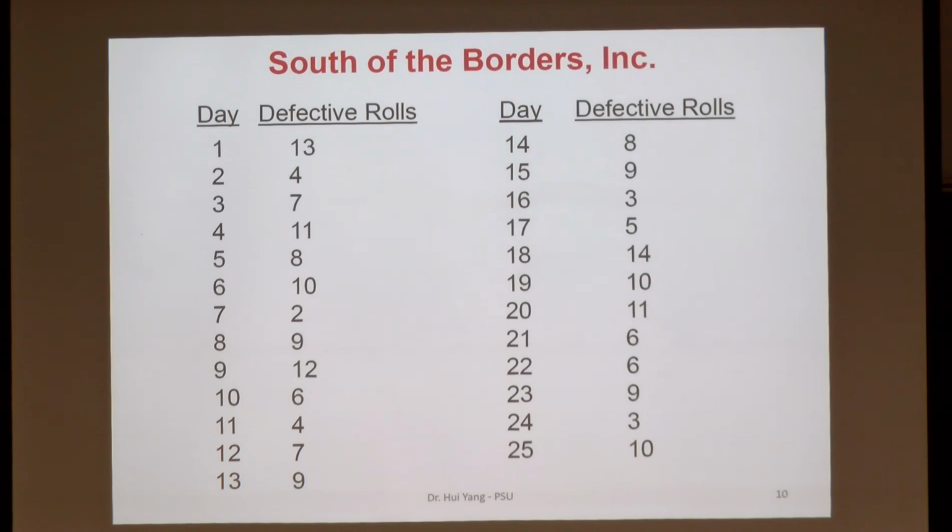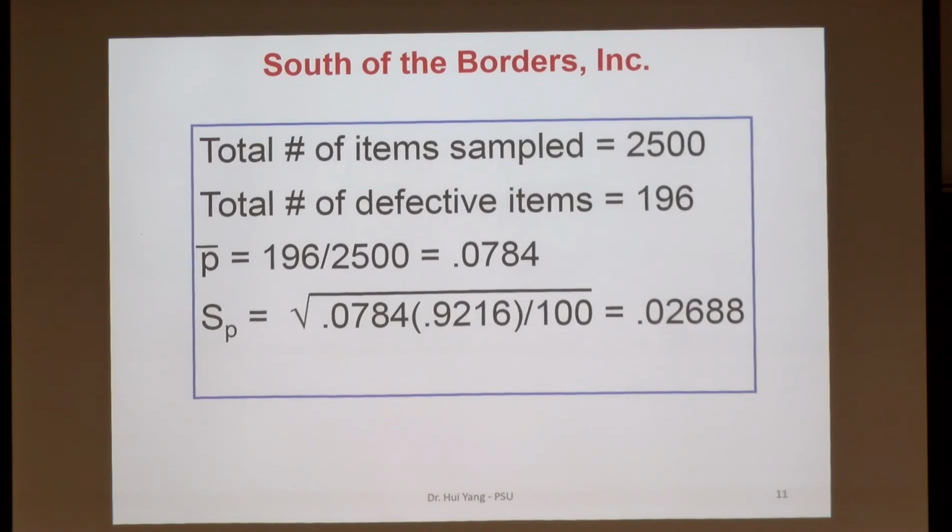So how many rows in total did we sample? That is 100 multiplied by 25. It's 2,500. How many of them are defective? You add all of them up. So the total number of items sampled is 2,500. The total number of defective items is 196.